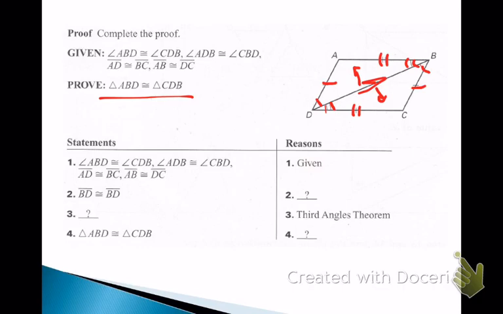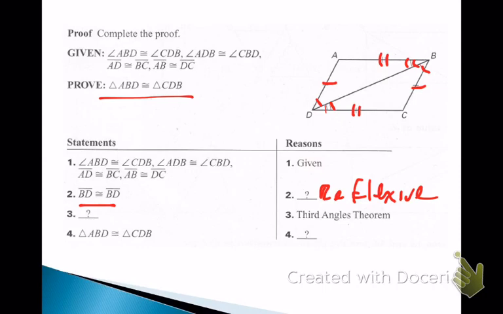And so I have to have those sides congruent in order to make the two triangles congruent. Since it's the same segment, we can use the reflexive property and just say that BD is congruent to itself by the reflexive property.